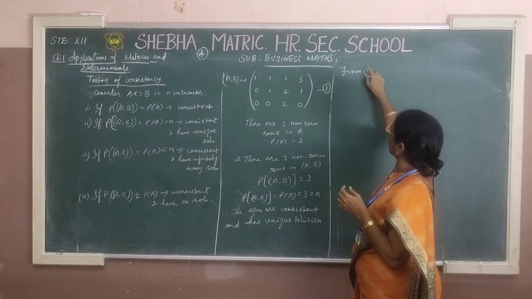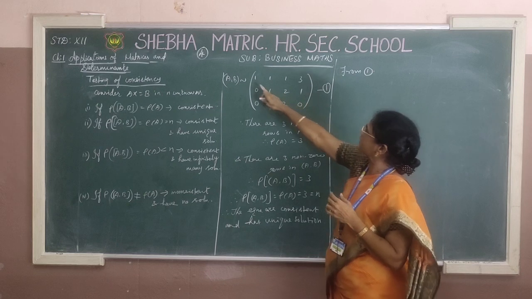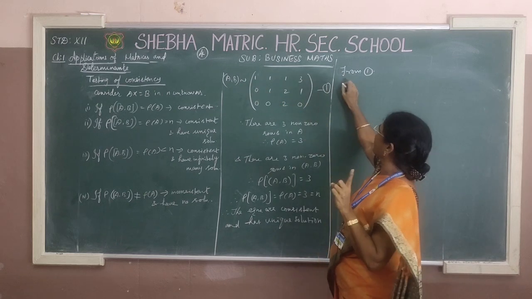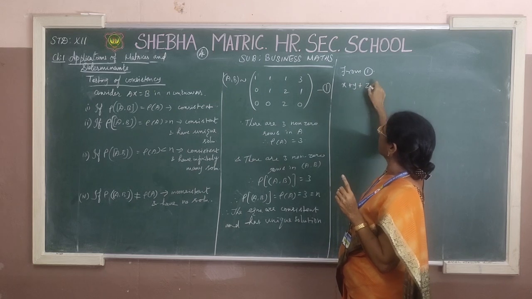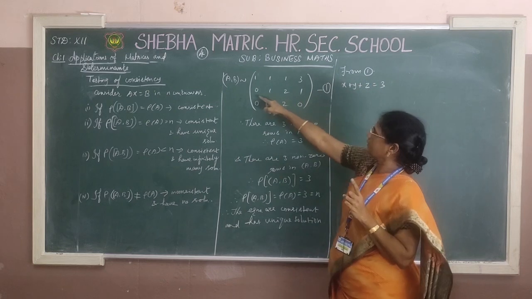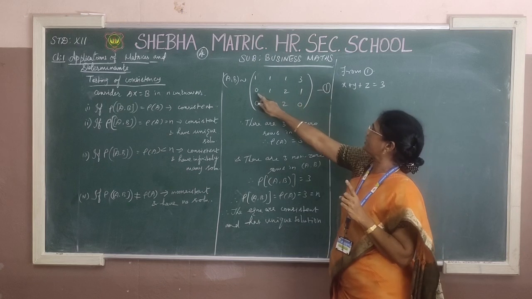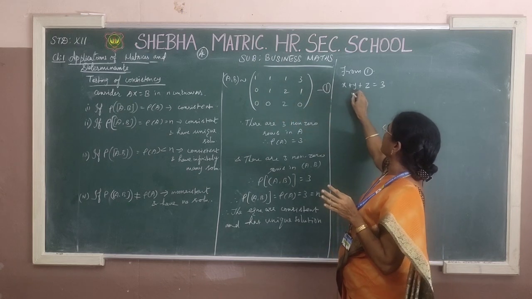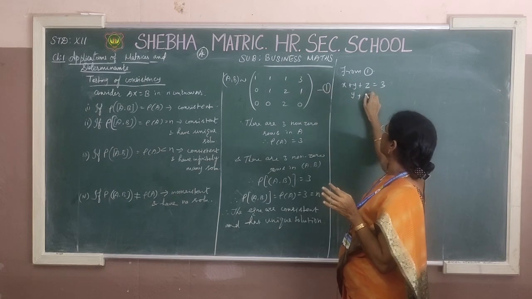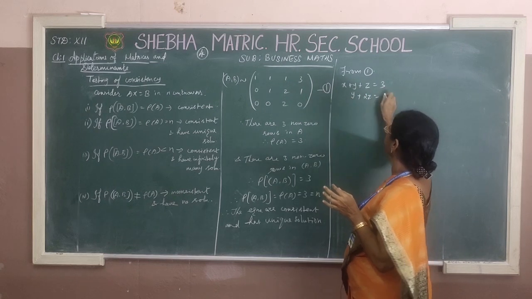From equation number 1, we form the equations. First element by x: 1 into x plus 1 into y plus 1 into z equal to 3. The next equation becomes 0 into x, leave it, and 1 into y is y plus 2 into z is equal to 1.